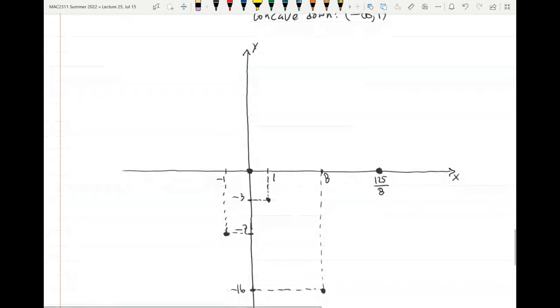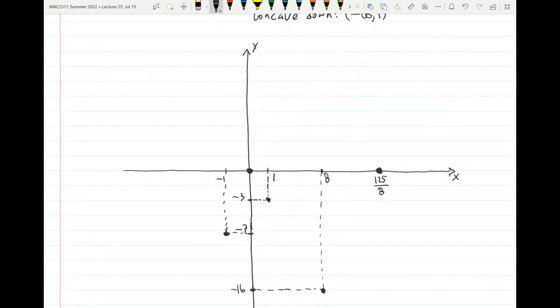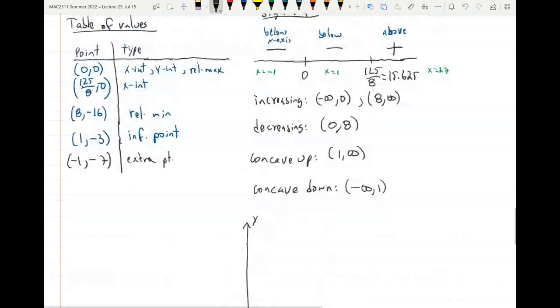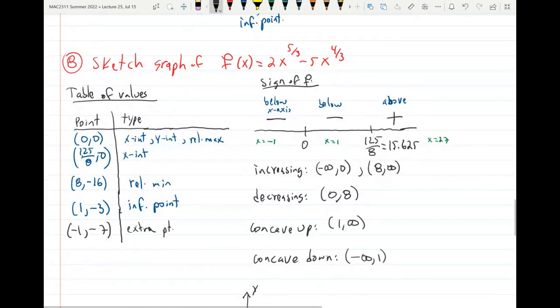And notice that we're gonna go through 125 over 8, and then we don't have anything else. But let's see, if I put 27, I think it would be too much. No, that's a 3 to the 5 or 3 to the 4. Let's see what happens at 27. If I plug in 27, I'm gonna get 3 to the 5, so 2 times 3 to the 5 minus 5 times 3 to the 4, which is an 81.